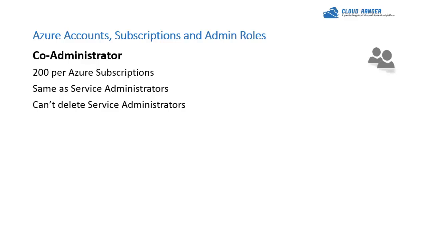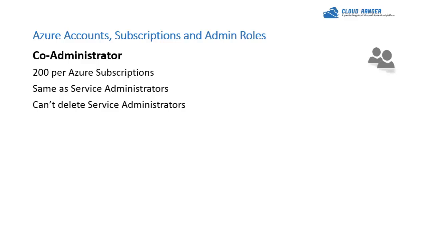So for example, they cannot go and see the billing. They cannot go and see what other subscriptions are there. They are only limited to their subscription and they can do various things on the cloud resources for their subscription and not the other subscriptions.